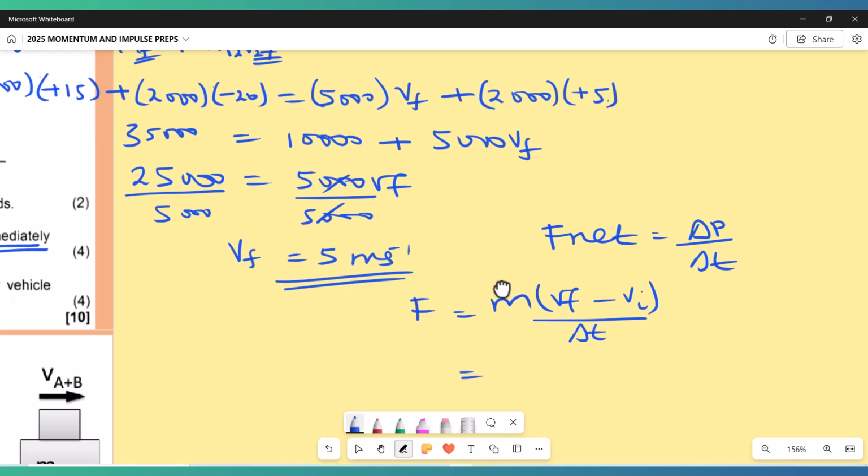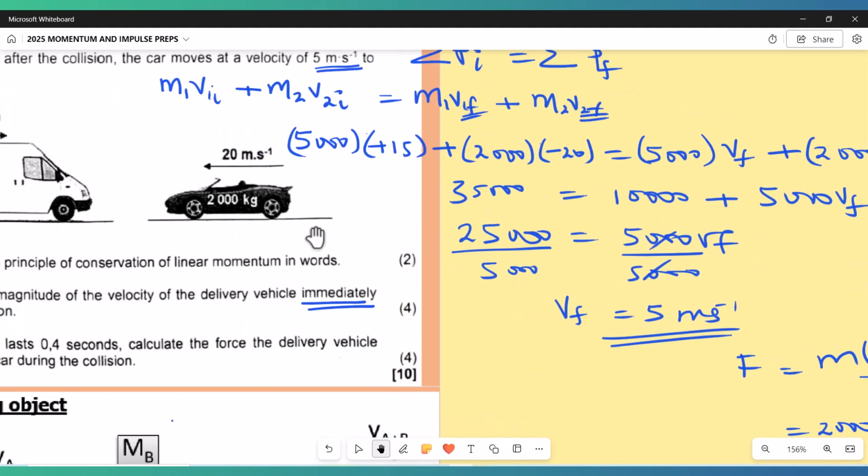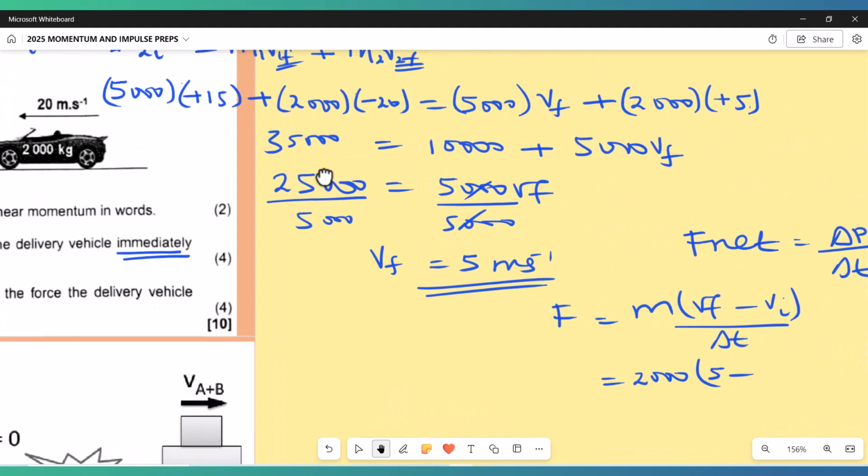Now the mass for the car we know is 2,000. What about final velocity? They gave us 5. What about initial? Remember this car was going to the west. Let's check it again. Yeah, that is negative 20.